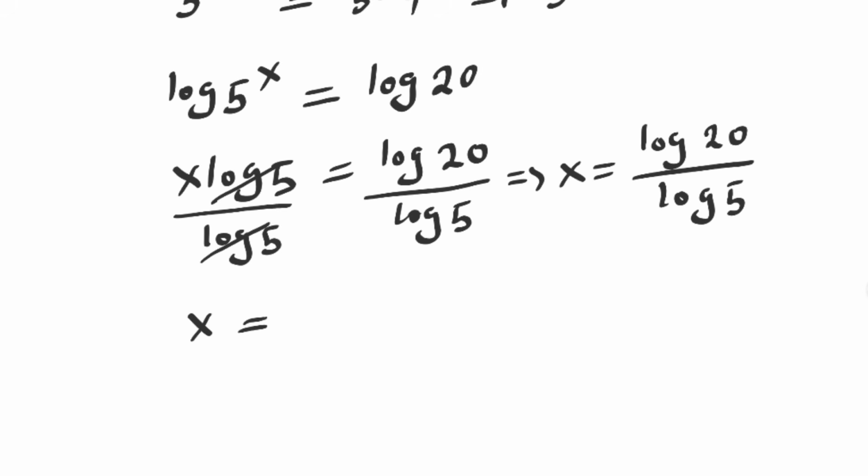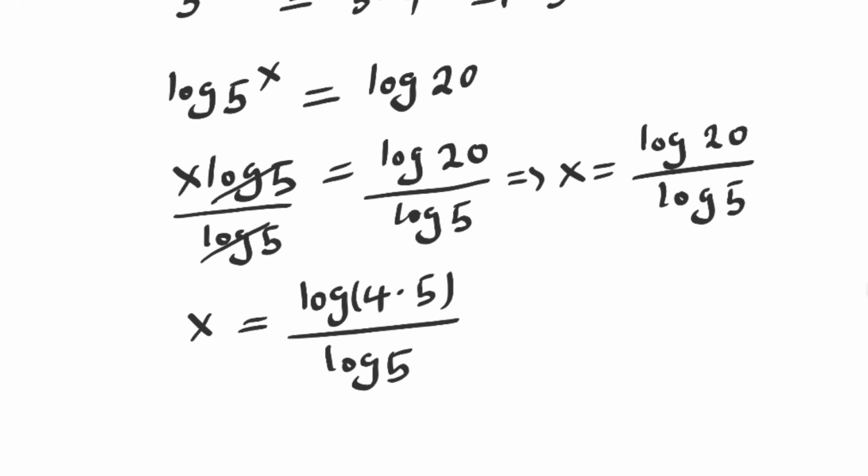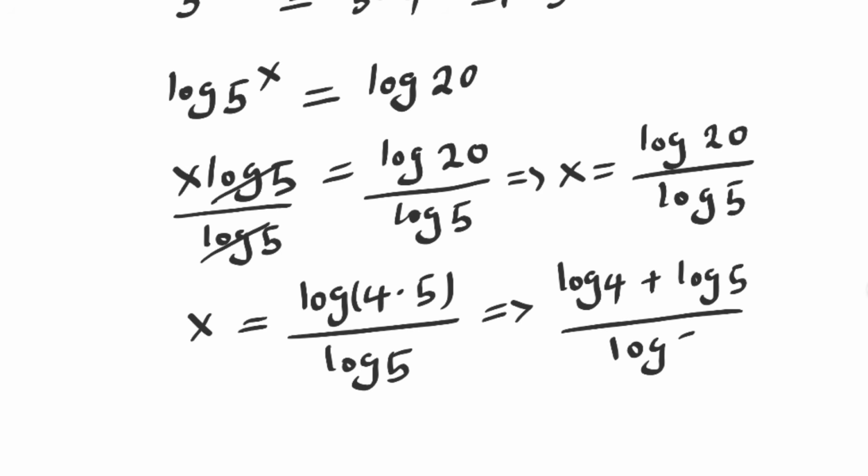x is equal to log 20, which can be written as log 4 multiplied by 5 over log 5, and this is the same thing as log 4 plus log 5 over log 5.